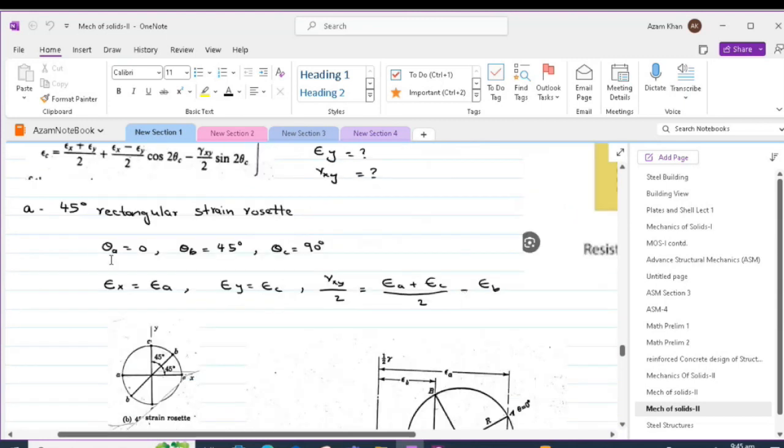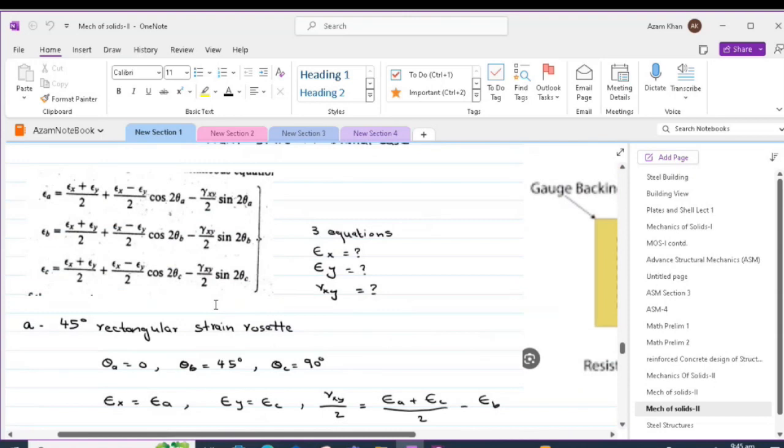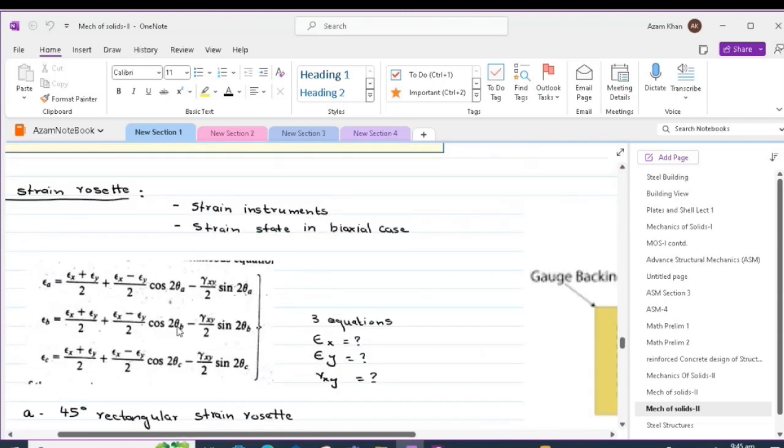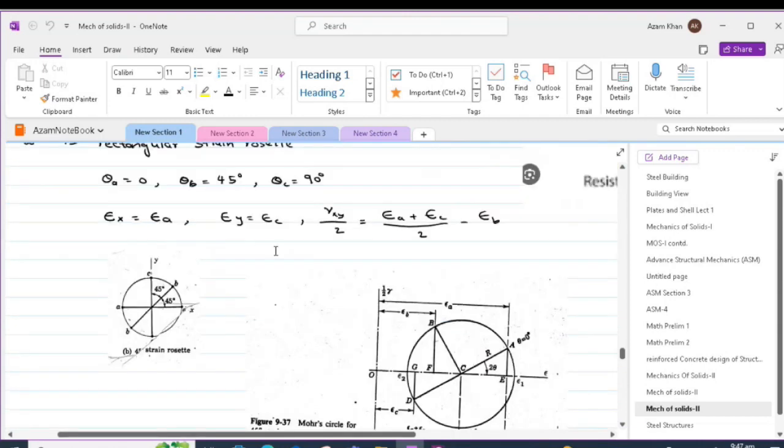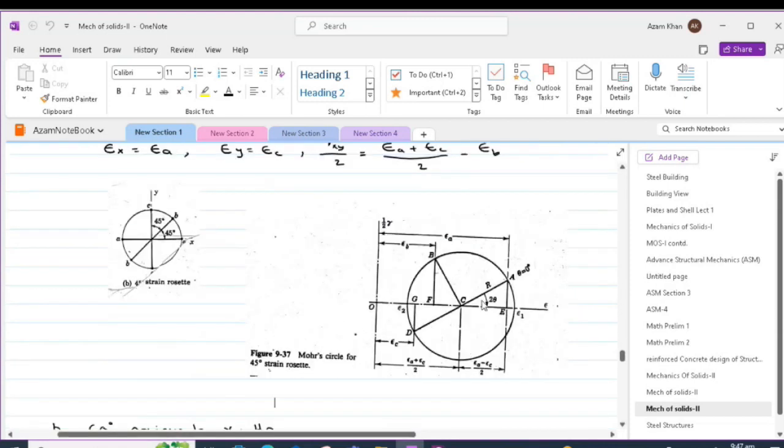By substituting theta A equal to 0, theta B equal to 45, and theta C equal to 90 degrees in the three equations, we get strain X equal to strain A, strain Y equal to strain C, and gamma XY by 2 equal to strain A plus strain C by 2 minus strain B. These results can be used to construct the Mohr circle as shown in this figure.